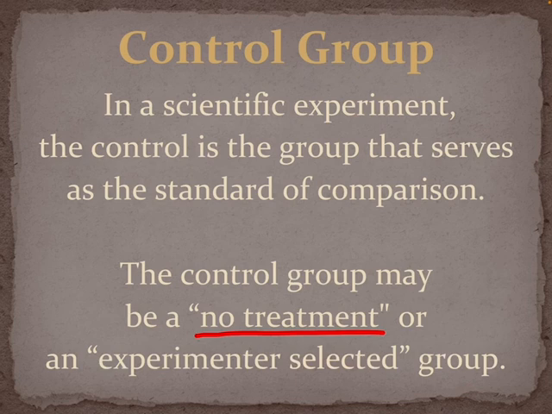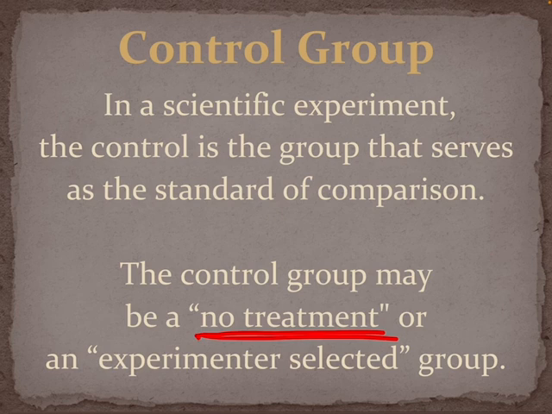Okay? It's a control. So if you have 3 different plants that are all being tested under colored light bulbs, right? You have 1 plant under red, 1 plant under green, 1 plant under blue. Your control group would be a plant that isn't under any light. It's not being experimented on. There is no treatment. You're not applying the independent variable to this group.